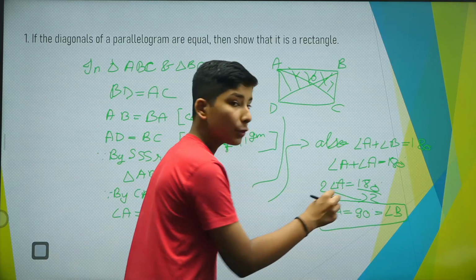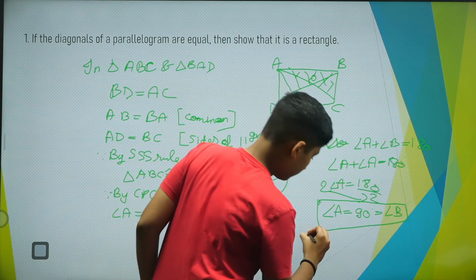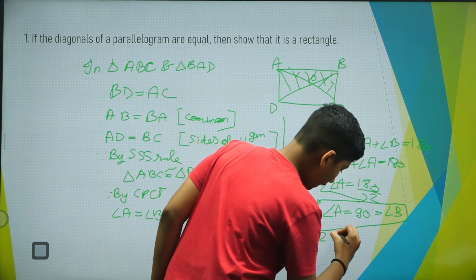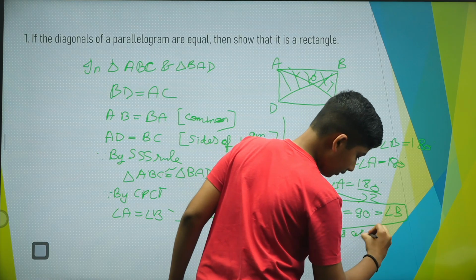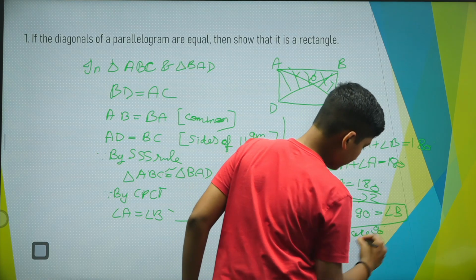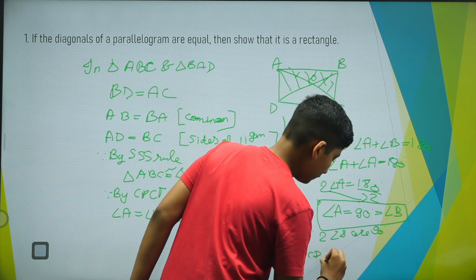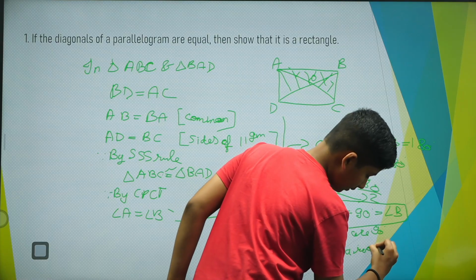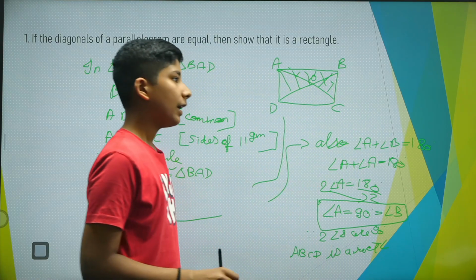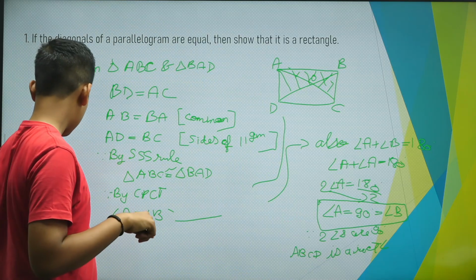Since two angles of the quadrilateral are 90 degrees, ABCD is a rectangle. I hope you are understanding.